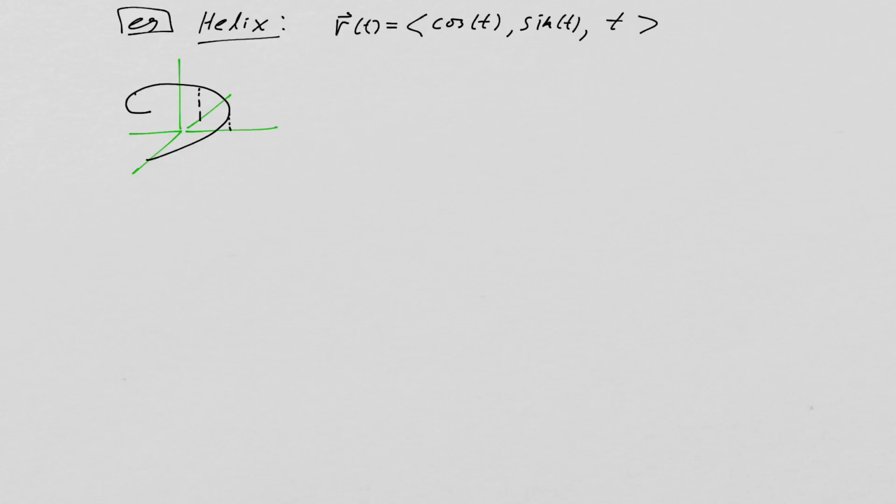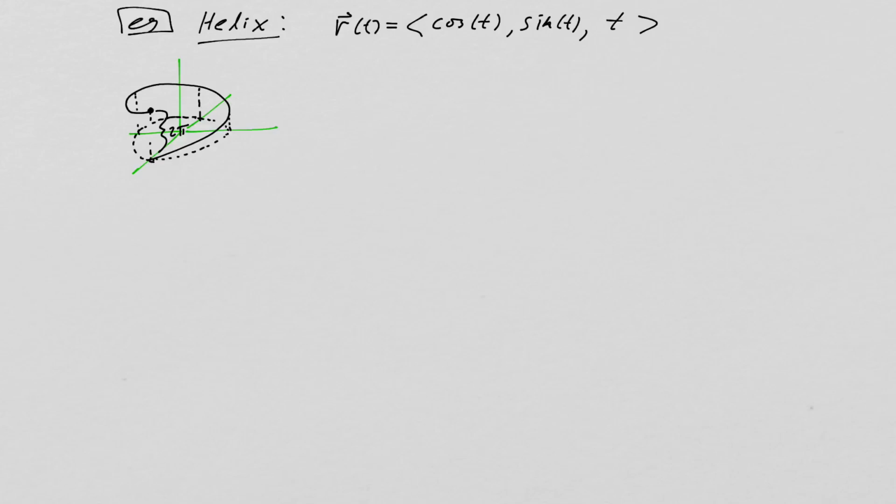It keeps ascending, as it goes around in a circle, it ends up 2 pi higher than where it started in one revolution. So you can see this casts a shadow, basically, that is a circle that goes around the xy plane like that.